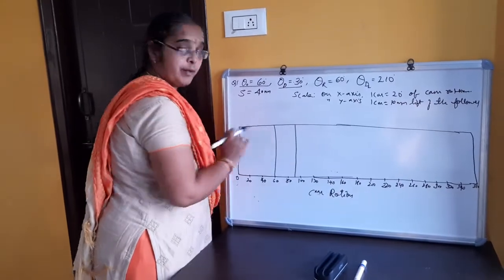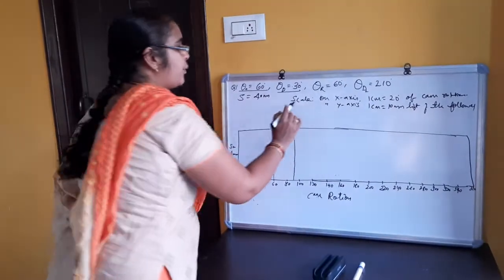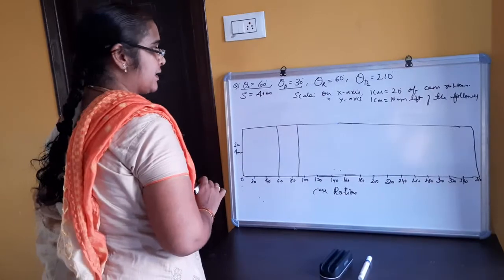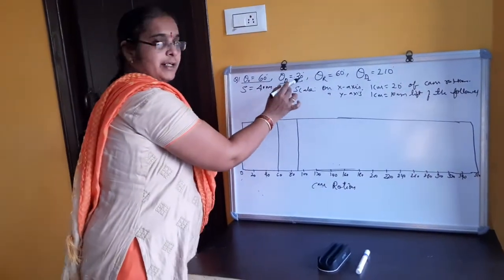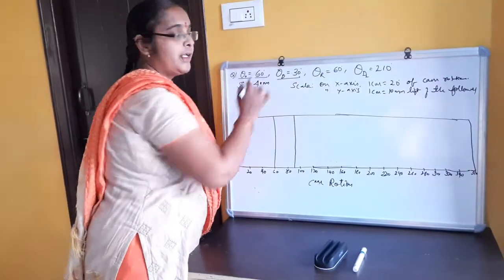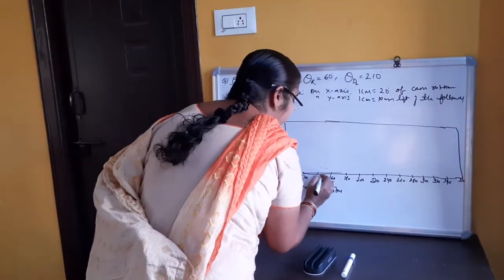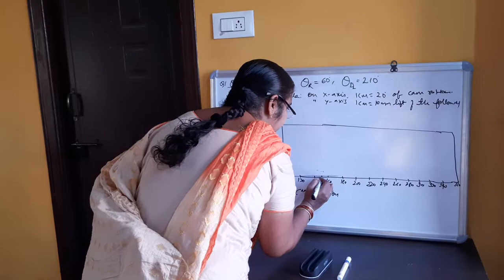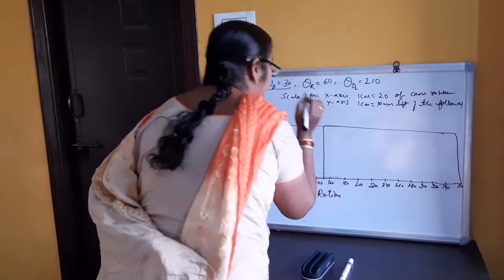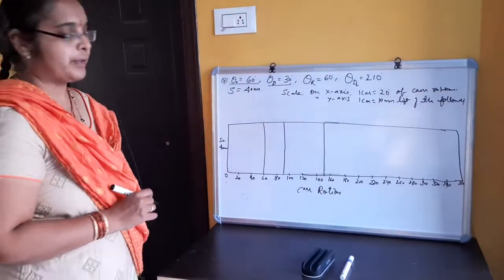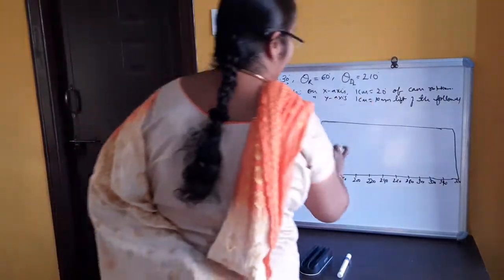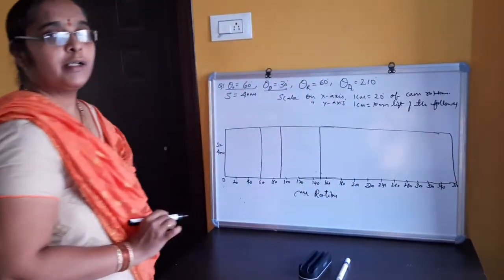Next, followed by the return stroke, which is again 60 degree. So 90 plus 60 it will be 150. So come to this position, between 140 and 160, exactly at the center you can take, to represent the dwell period. And the last remaining 210 degree represents the dwell.